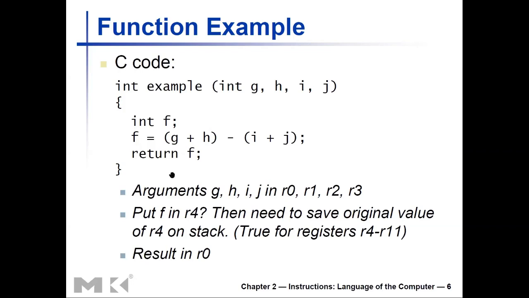So if you get the need of using R4 inside your function, you can put the current value of R4 in the memory. We know another storage element we have is the memory.